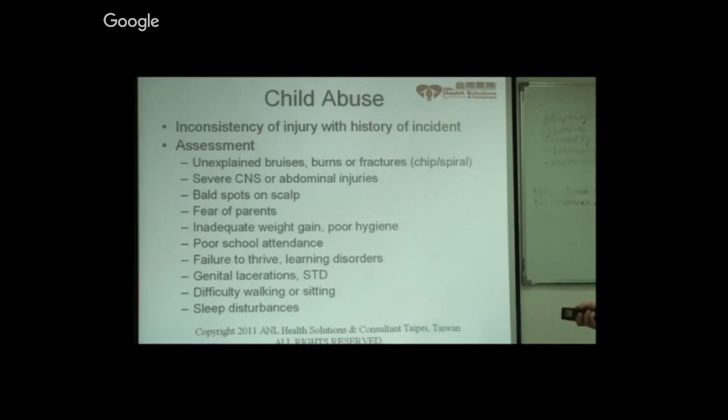In the girl, you will see genital lacerations or even sexually transmitted disease if the child is sexually abused by the father. And difficulty walking: you will see the child walking awkwardly and unable to sit. And sleep disturbances; they usually shout at night and have bad dreams.